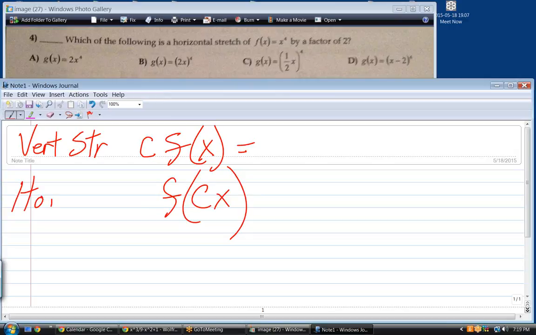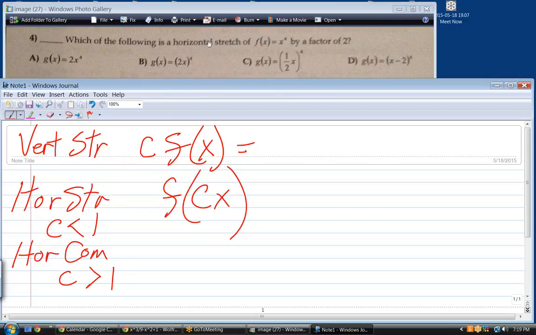That is a horizontal stretch if C is less than 1, and it's a horizontal compression if C is greater than 1. Notice it's the opposite of the vertical. In the vertical, it's a stretch if C is greater than 1. Well, horizontal, it's a stretch only if C is less than 1.